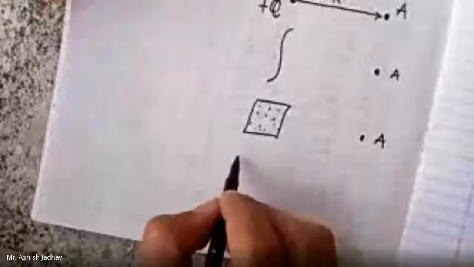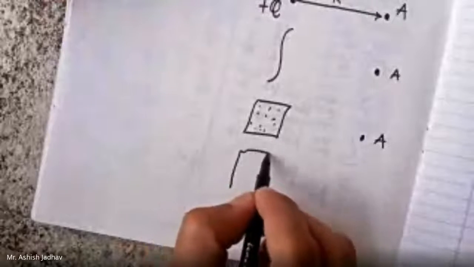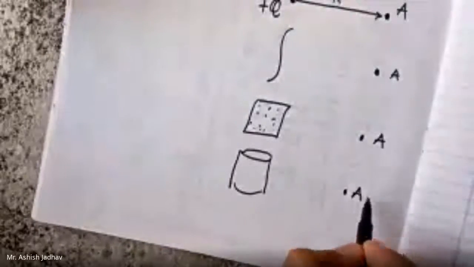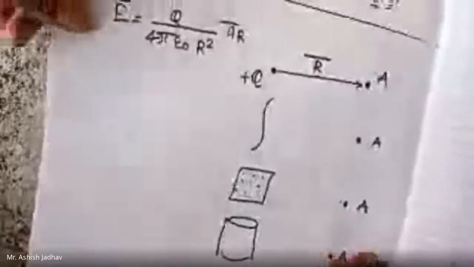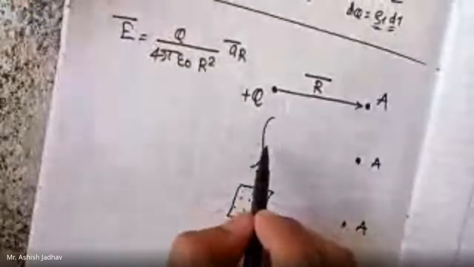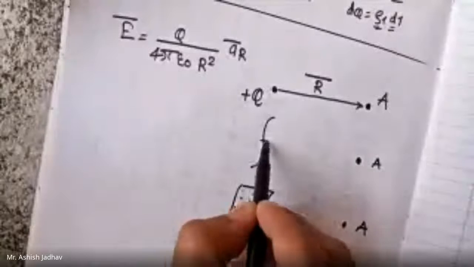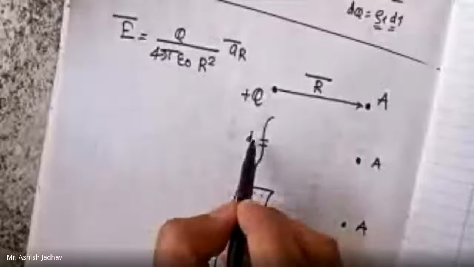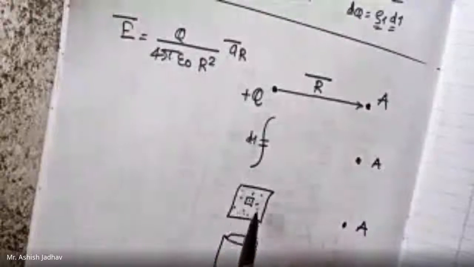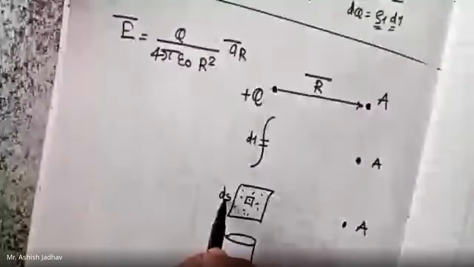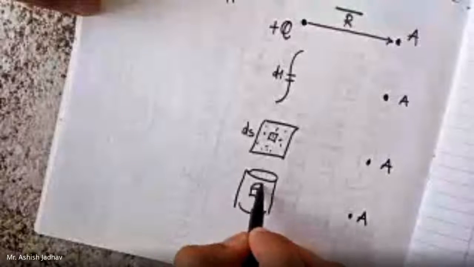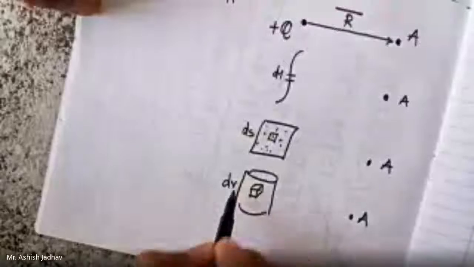If this is a volume charge, how are you going to find the electric field intensity at point A? So every time you will have to select a small segment of that charge configuration. For a line charge, you need to select dL. For a surface charge, you need to select a small surface dS. For a volume charge, you have to select a small volume out of it, dV.